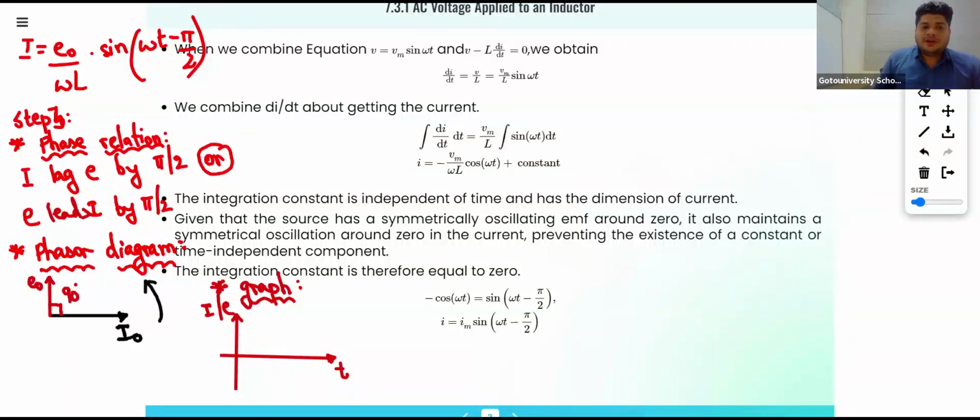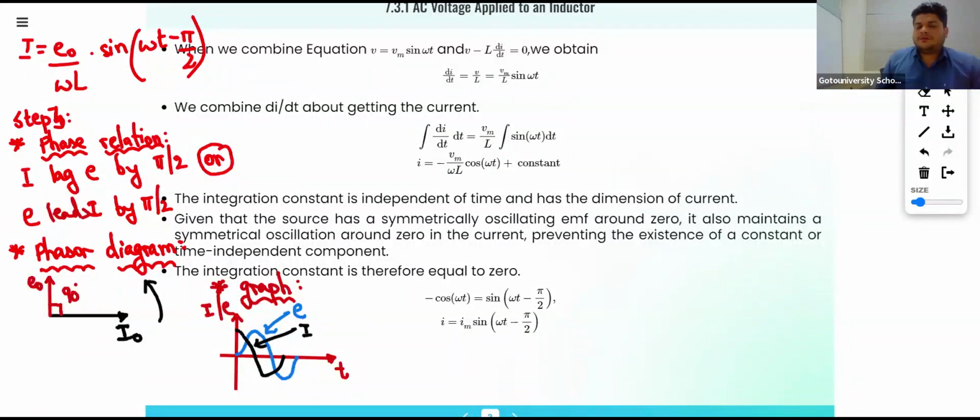See, if you are making E here, this will be the fixed position of E. E will always be like this. Now check with current. The current will lag behind by 90 degrees, which means it will start somewhere here.